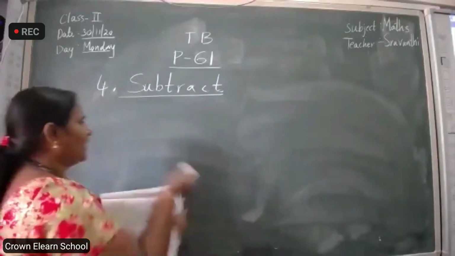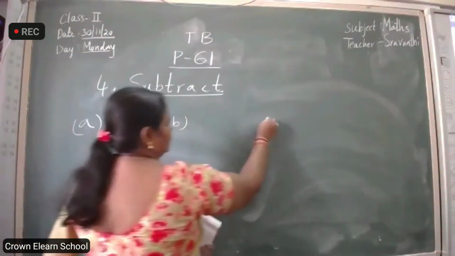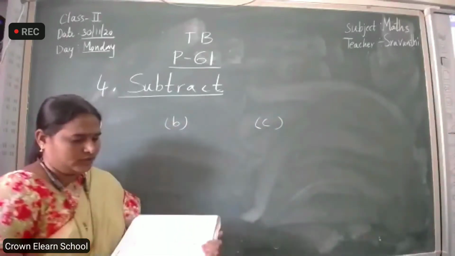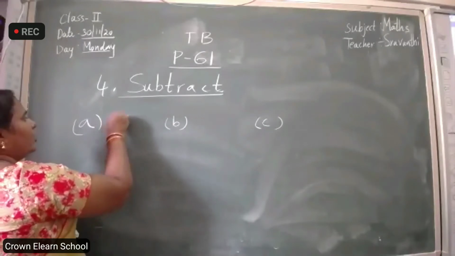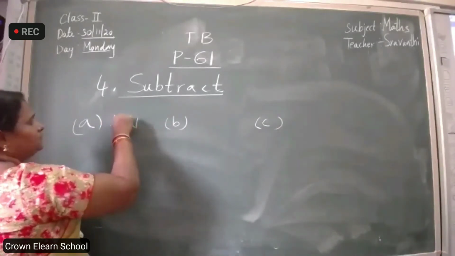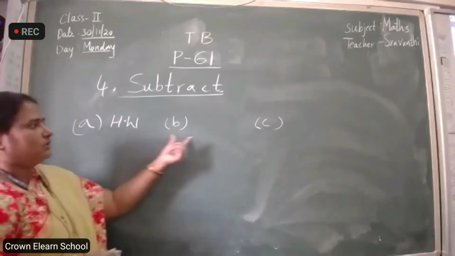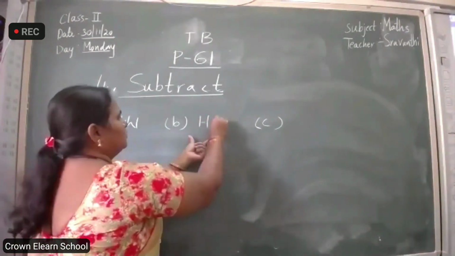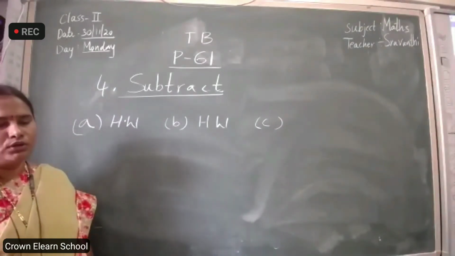Here also A, B and C are there. 3 sums are there. Okay, A, homework. Above the sum, write homework. B is also homework. A and B, 2 sums homework.